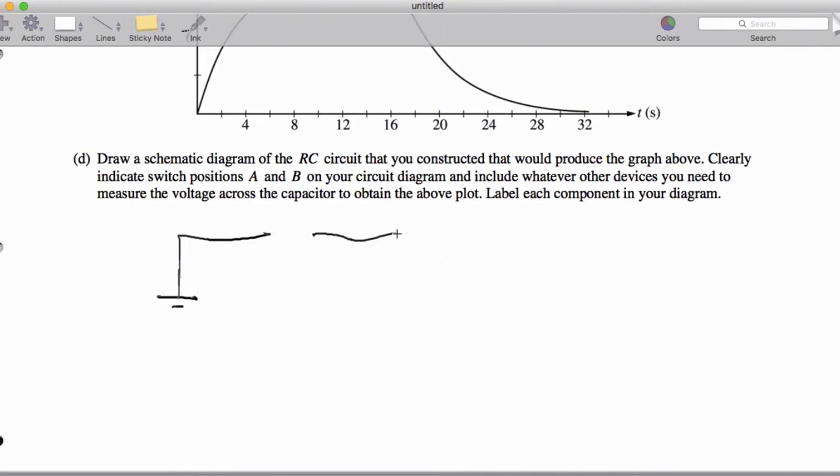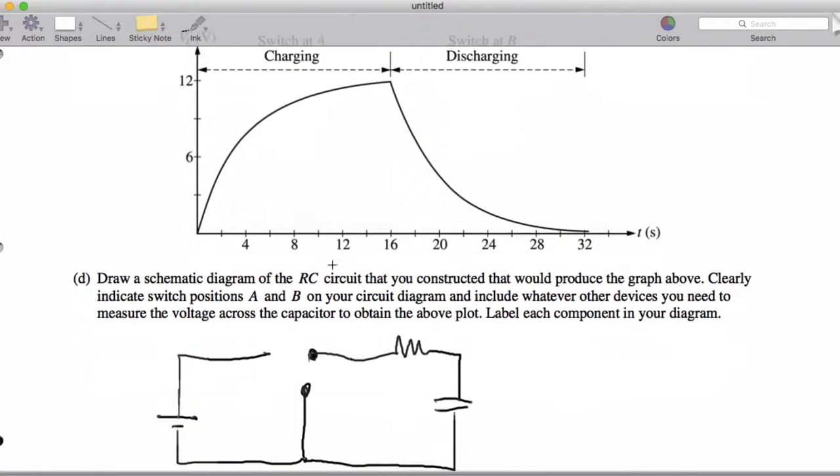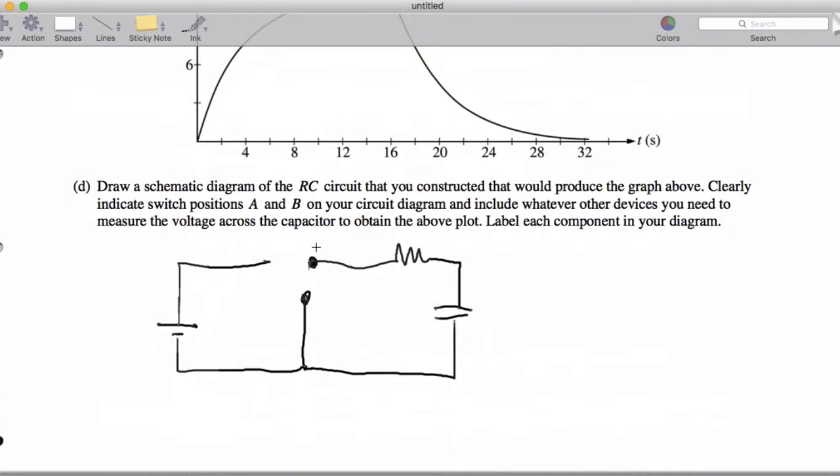So let's put our resistor here and our capacitor here, and we'll hook up a battery like this. And so we'll have a switch that can either close, we'll call this A, we'll call this B, and our switch is like this.